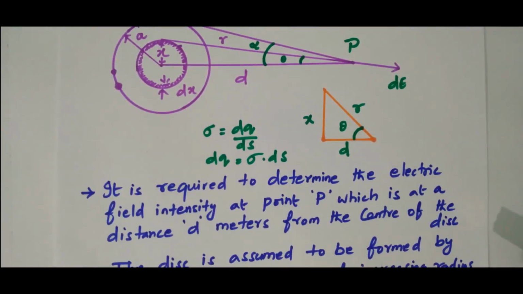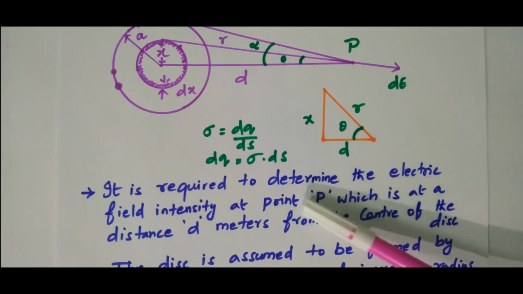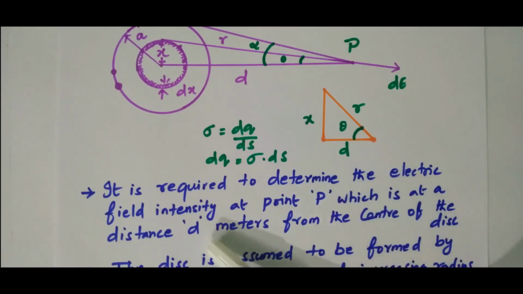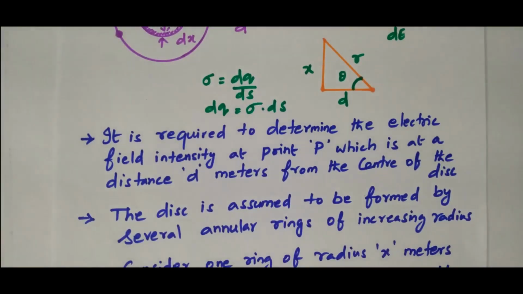It is required to determine the electric field intensity at point P, which is at a distance d meter from the center of the disk, right? The disk is assumed to be formed by several rings of increasing radius from 0 to a.